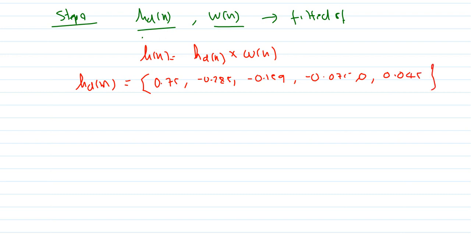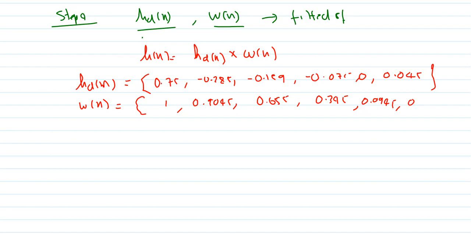And my W of n is given as 1, 0.9045, 0.655, 0.345, 0.0945 and 0. Now, given this, we have to calculate H of n.